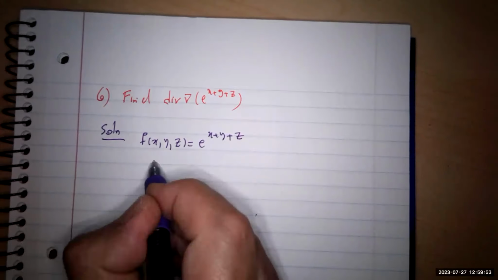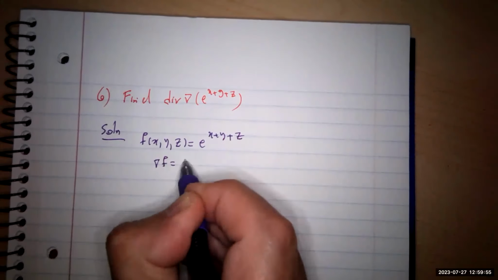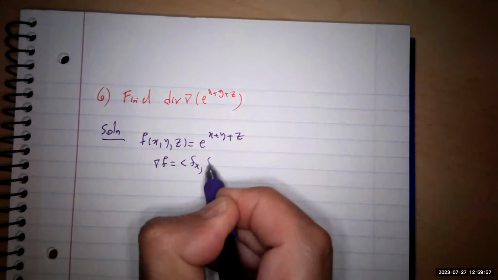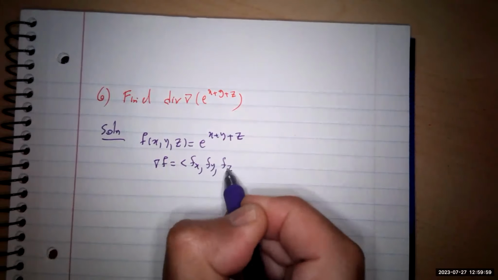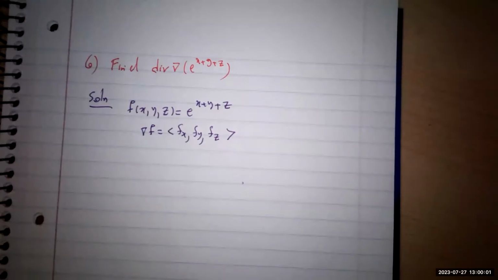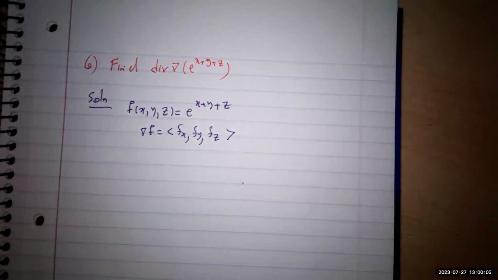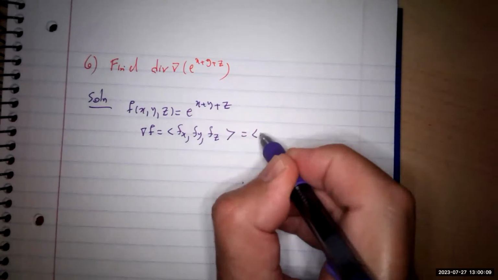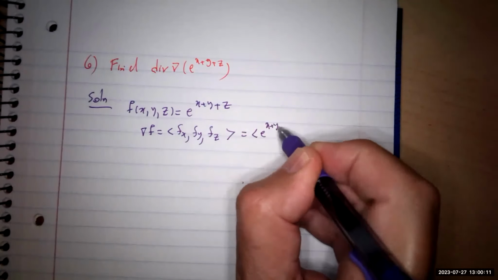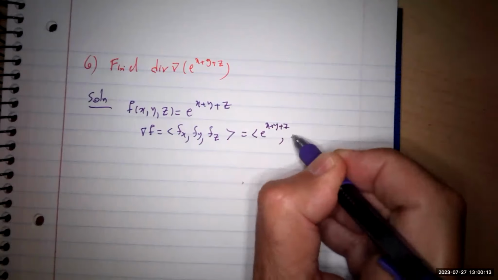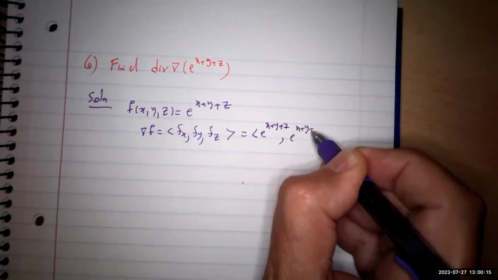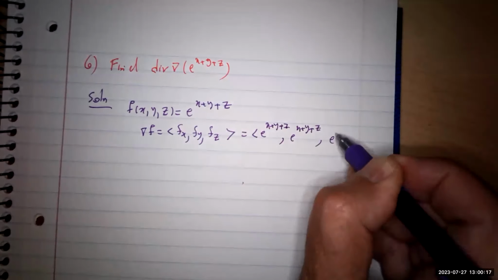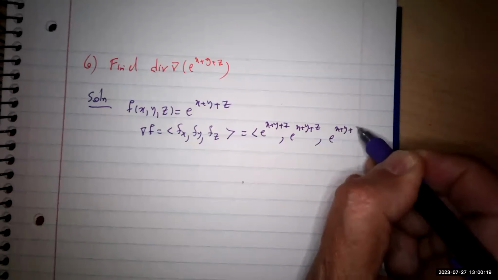So the gradient of this function is going to be simply the partial derivatives. Easy to find. The exponential function never changes, so everything is going to be the same because u prime is 1. That gives you e to the x plus y plus z, e to the x plus y plus z, and e to the x plus y plus z.